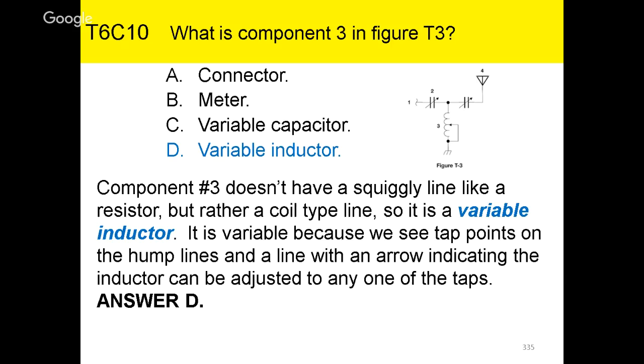It's not really a roller. It's a switch that actually moves to different taps, much like this one shows here. The variable inductor would be a switched one, and you'd flip it from one to the other, and it would go to one of these taps. So there are two types of way to do it: a roller inductor and a variable tap inductor.